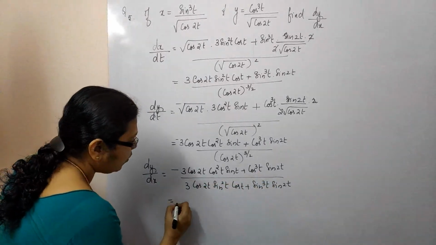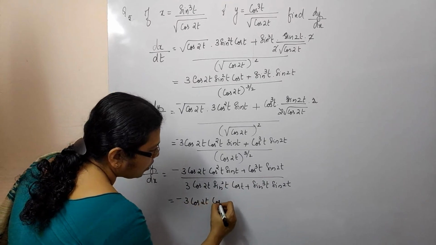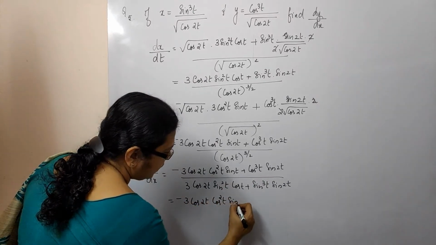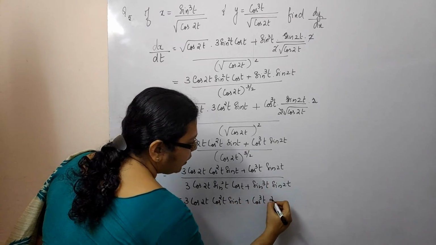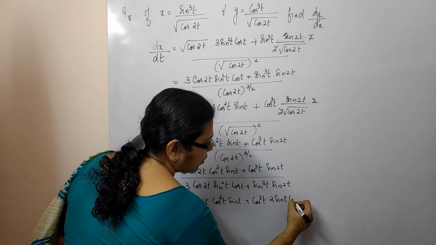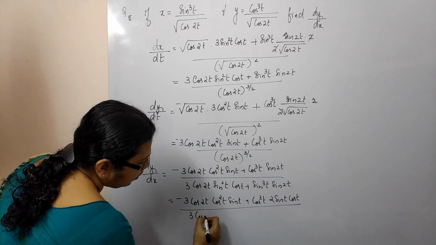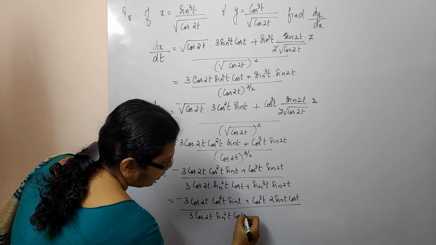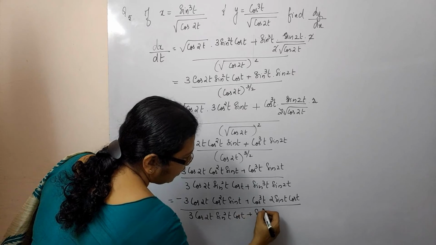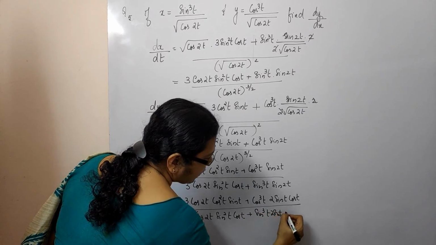So I have minus of 3 cos 2t into cos square t into sin t plus cos cube t. I will write sin 2t as 2 sin t cos t. Fine. The whole divided by 3 cos 2t into sin square t into cos t plus sin cube t into 2 sin t cos t.